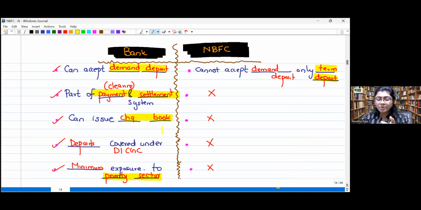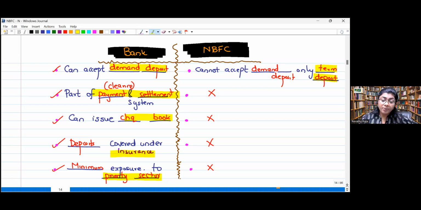Bank deposits are covered under DICGC insurance, whereas NBFC deposits are not. Not only that, banks have a minimum exposure to priority sectors like health, education, agriculture, whereas here you don't have such a requirement.